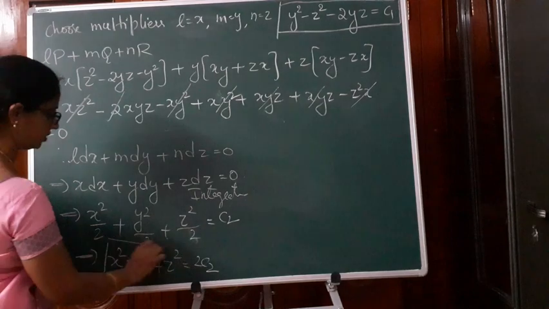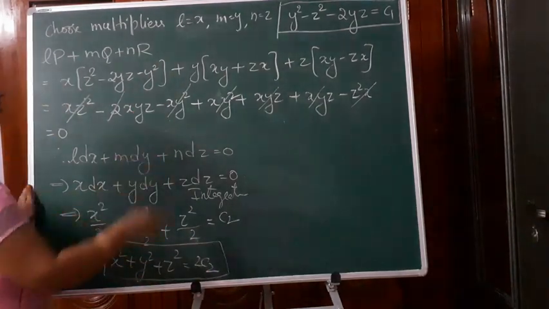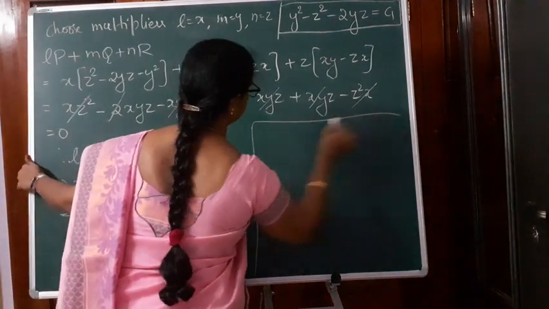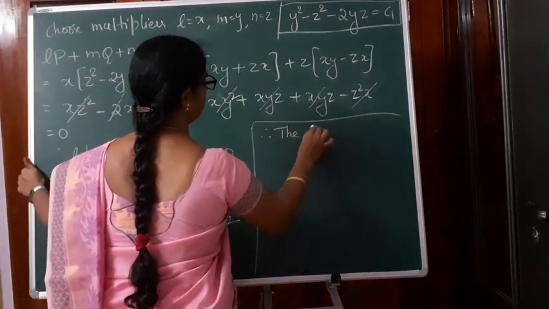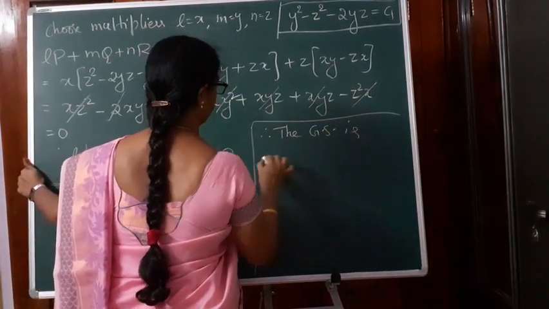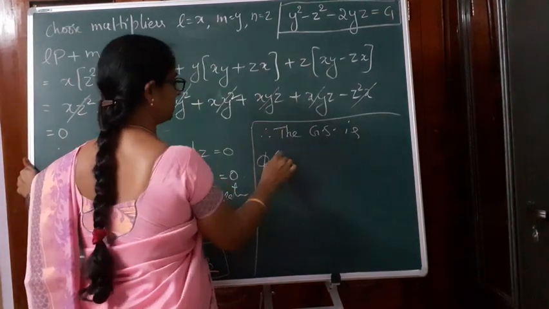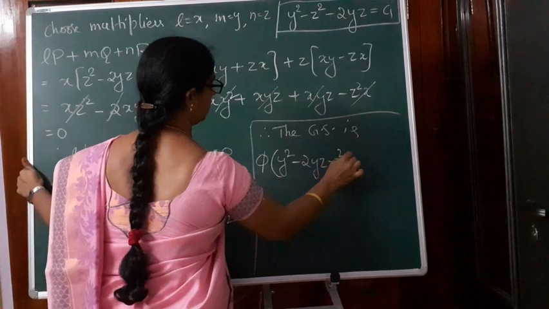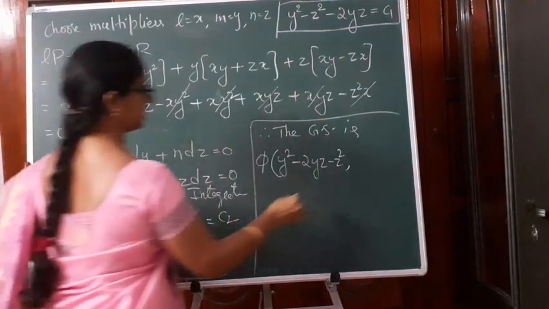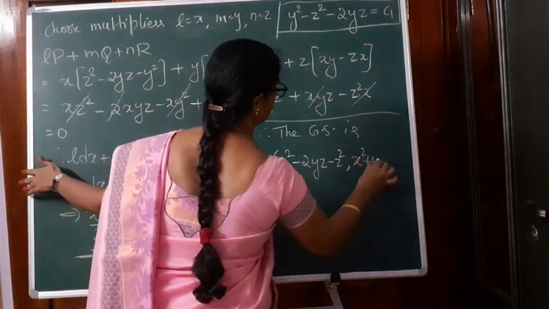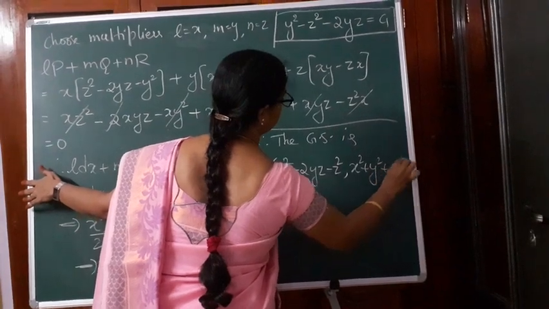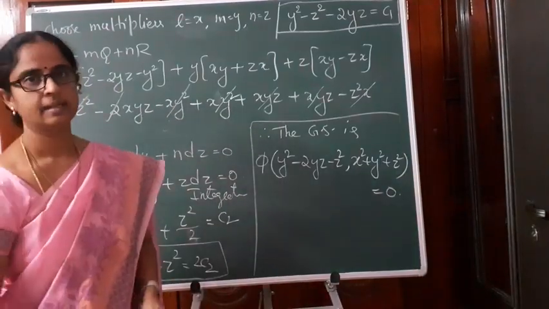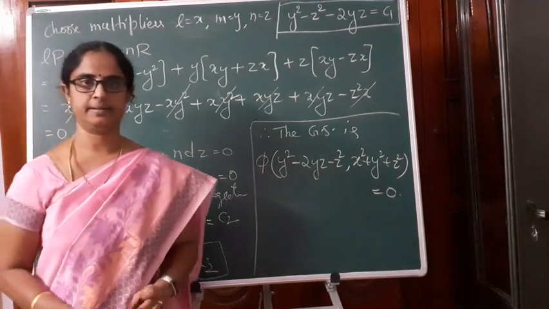This is the second solution, and we also had the first solution, y square minus z square minus 2yz is equal to c1. Therefore the general solution is phi of u, that is y square minus 2yz minus z square, comma v, that is x square plus y square plus z square, is equal to 0. This is the general solution where phi is the arbitrary function.